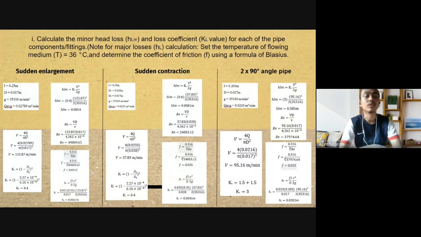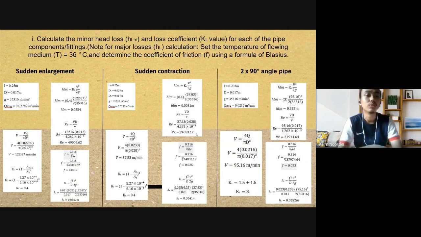We substitute to get V, which is 37.83 meter per minute. Then we calculate the head losses: KL is 0.4, and the minor head loss is 0.0081 meters.